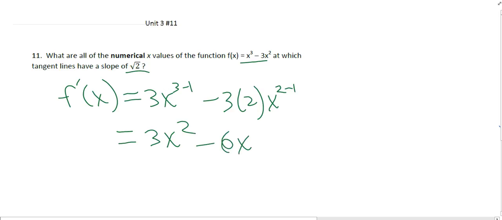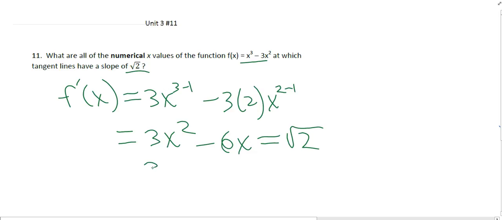In this case we're going to set it equal to the square root of 2. So how are we going to go about doing this? Suppose we could try to factor out a 3 from the left side, but that really wouldn't get us very far.